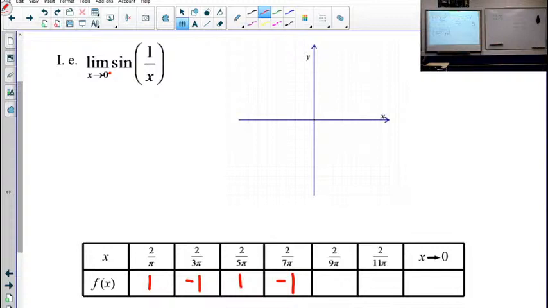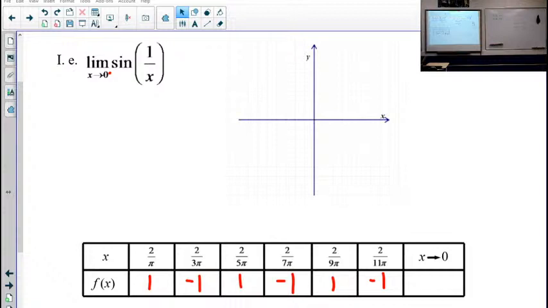This is just going another 2 pi. 1, -1. And this is going to keep going forever. I could do 2 over 13 pi. It's going to be 1. 2 over 15 pi is going to be -1. Even as I'm getting closer and closer to 0, it keeps bouncing between 1 and -1.